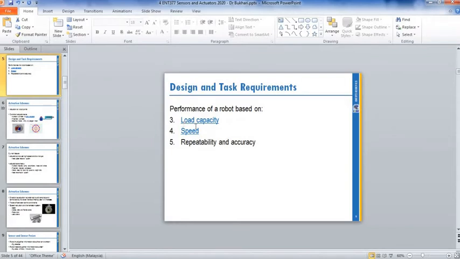Load capacity is the heaviest material that the robot can pick up or manipulate. Then speed, what is the speed the robotic arm can move or process. And then repeatability and accuracy. This is very important because you need a robot that is good in accuracy and good in repeatability.